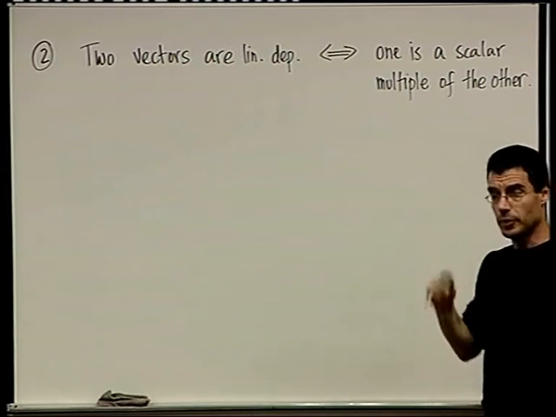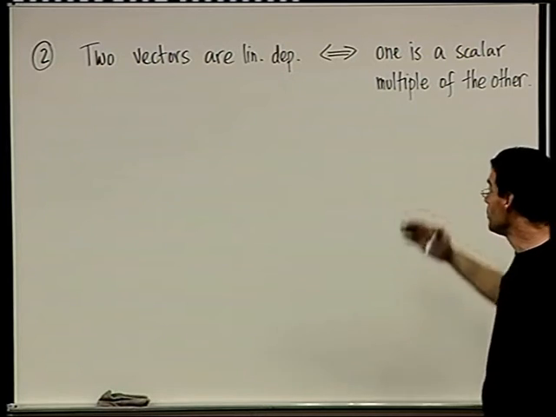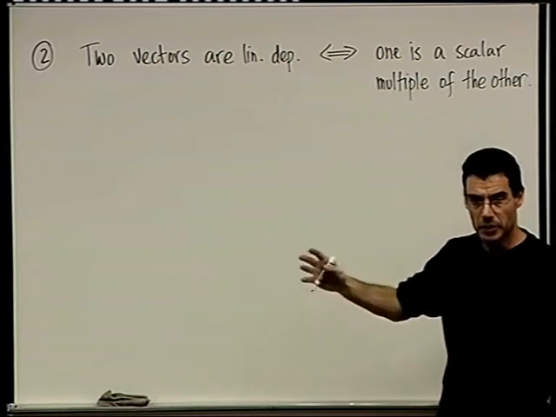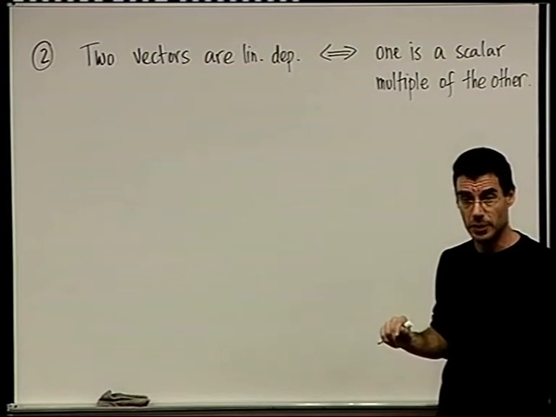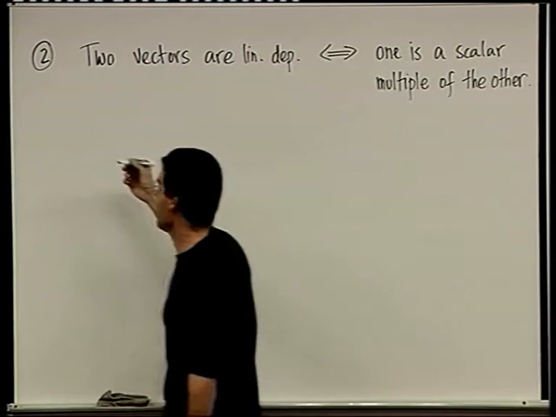Okay, so 2 vectors are linearly dependent. Reduces to a simpler statement. V1 has to be alpha times V2 or vice versa. Okay, let's prove this.